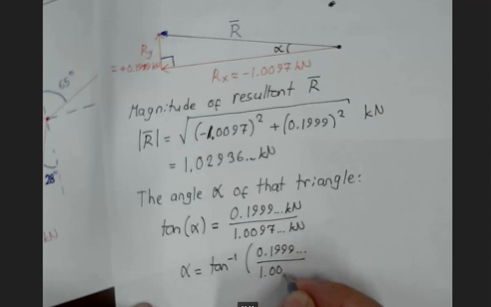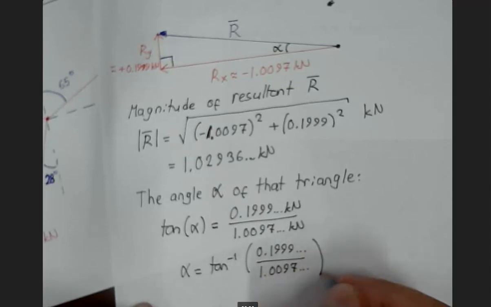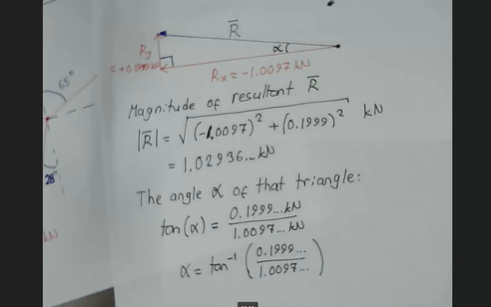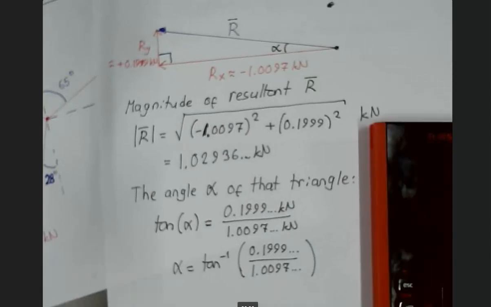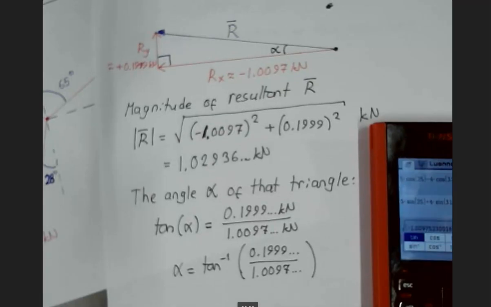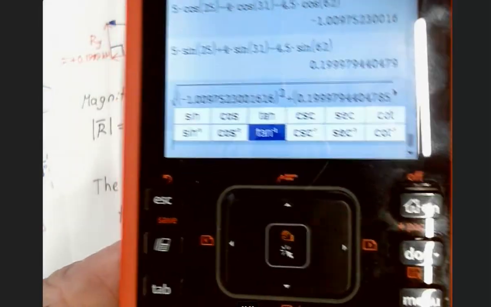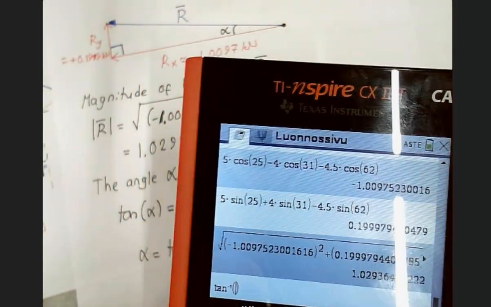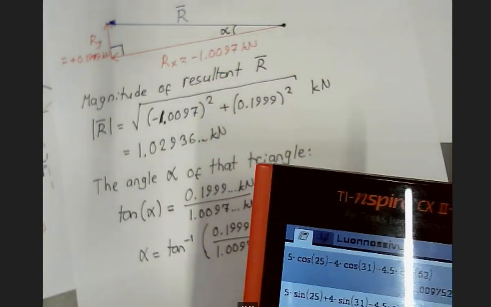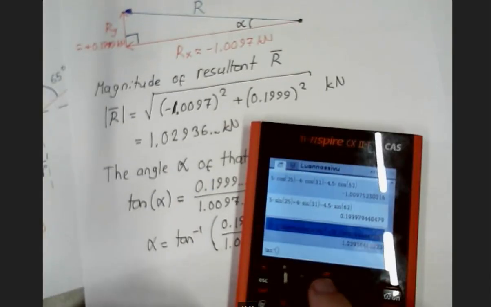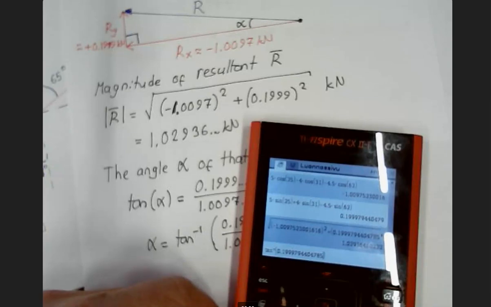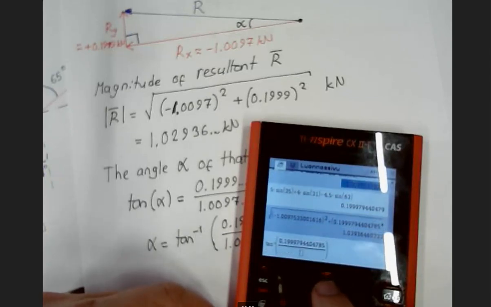And we can cancel those units, kilonewtons, away. So let's see what we will get. Inverse tangent there, and then I pick that and divide by that.